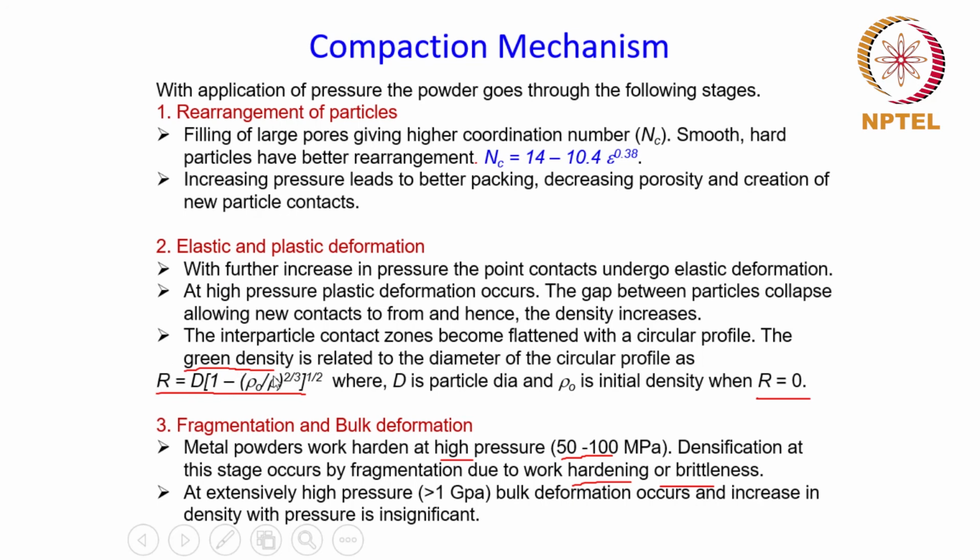This is a very important parameter which will dictate the porosity which is left behind at the end of the compaction process, and it depends on how the powder particles eventually pack together during the compaction process.